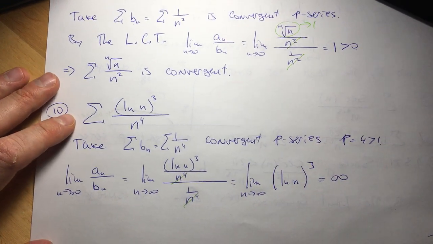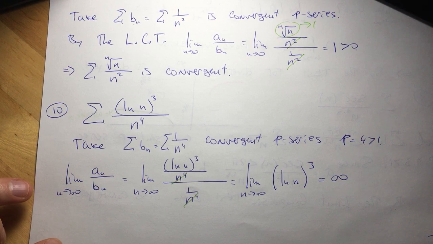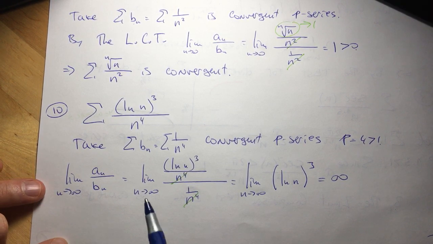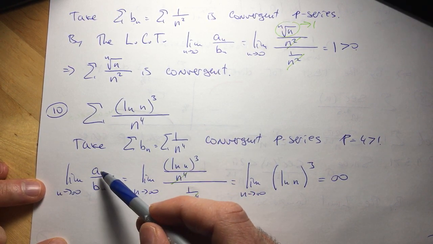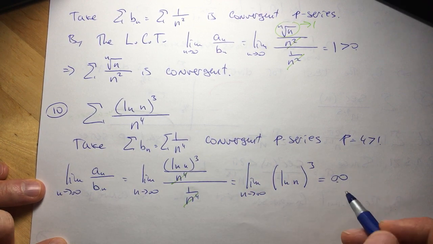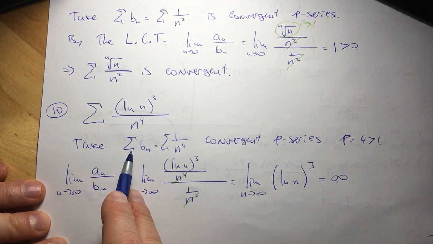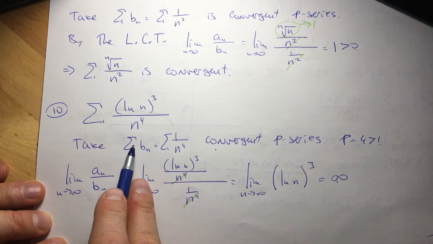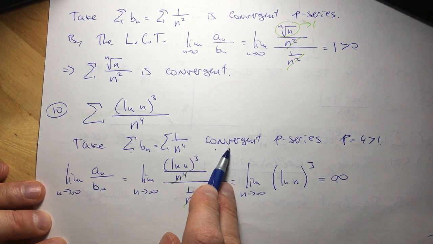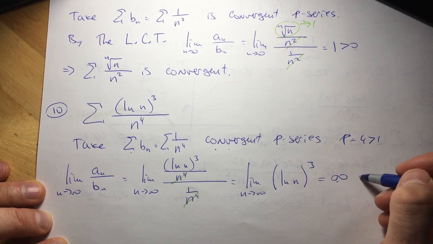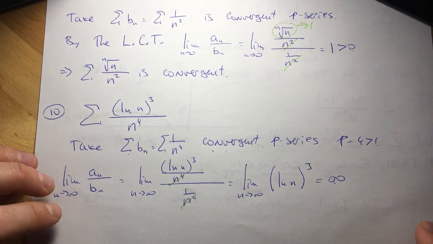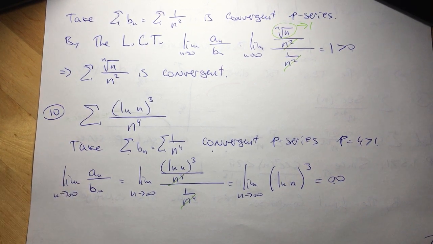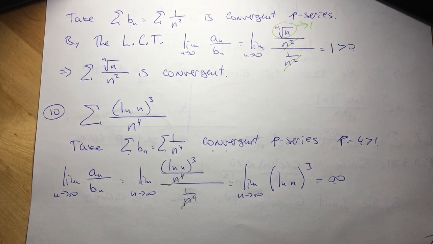And now be careful. The limit comparison test works in such a way that if the limit of an over bn is infinity, then I need the sum of bn to be divergent. Look at the notes. Okay? And I have that the sum of bn is convergent. So here my limit comparison test is inconclusive. I cannot work with this one. Okay? So what do I need?